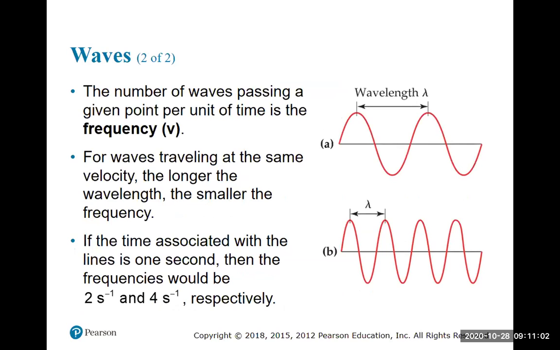A couple of terms we introduced, one was frequency. So wavelength is that distance from peak to peak in the wave. Frequency is how many of the waves you get in a particular time frame. And wave frequency is expressed as either 1/seconds, seconds to the -1, or hertz, which is Hz.